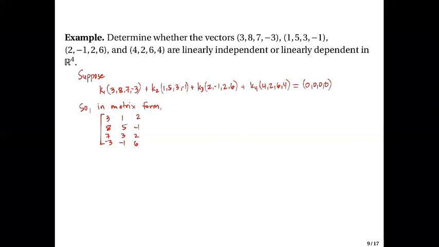And then we have 4, 2, 6, 4. This matrix, we multiply it with these vectors k1, k2, k3, k4. And this is equal to the zero vector, 0, 0, 0, 0. So in matrix form, this equation here can be written this way. Okay? Questions?